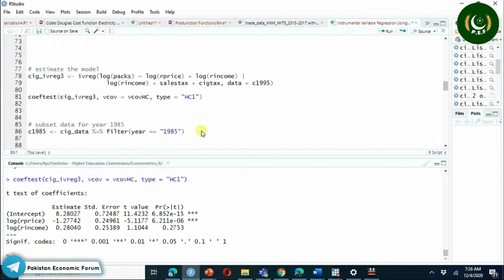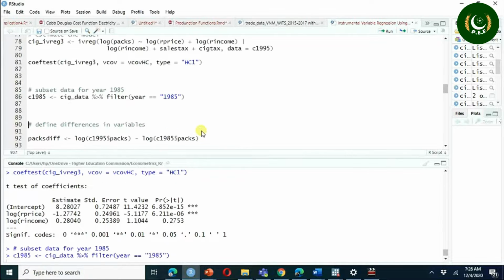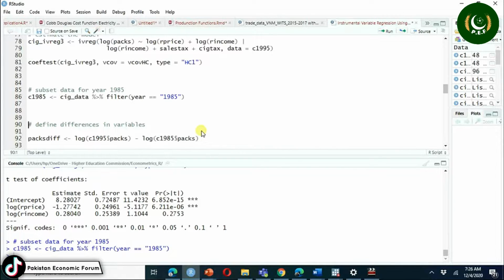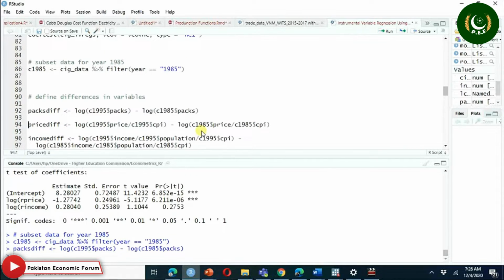Okay, now we take 1985 data, then we construct the variables. As you see, we have 10 years data, and we take the differences so that other unobservable variables are omitted. So consumption gap, so you see here price differential.